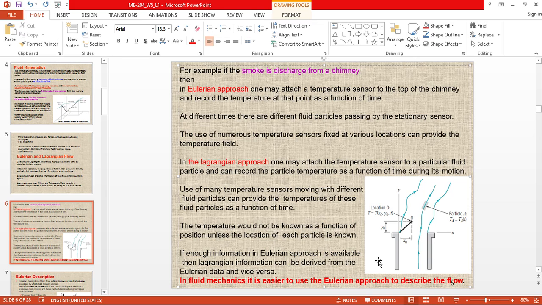That is basically the Lagrangian approach. The Eulerian approach is something different, as we have already discussed. In fluid mechanics, it is easier to use the Eulerian approach to describe the flow. I believe you can understand the Lagrangian and Eulerian approach, so let's move on to the next slide.